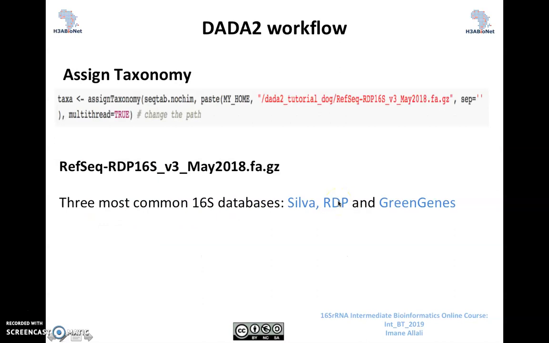So now that you have cleaned your sequence table, you can assign taxonomy using the assignTaxonomy command from the non-chimeric sequence table. Here you specify the file path to the training database that you want to use. Here we have the RefSeq RDP.